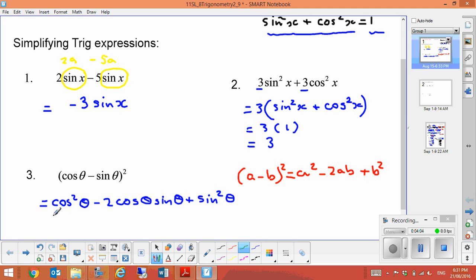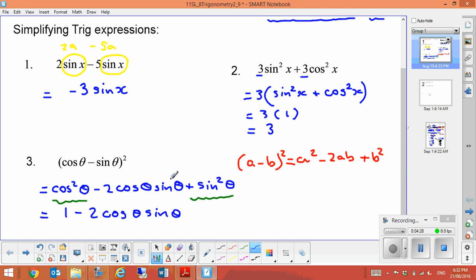Here we have a cos squared theta plus a sine squared theta, so we can put those together and we get 1 minus 2 cos theta sine theta. So we've got that simpler by expanding the brackets. Every time, expand it, and see what expressions you can simplify using those identities.